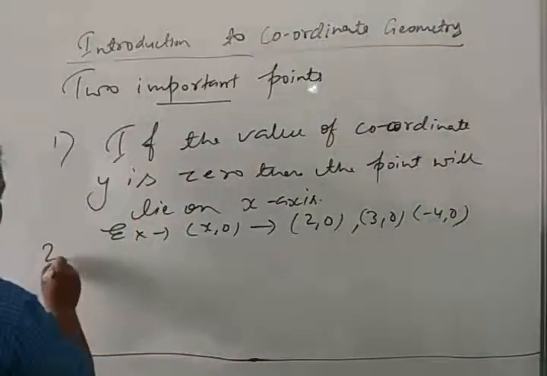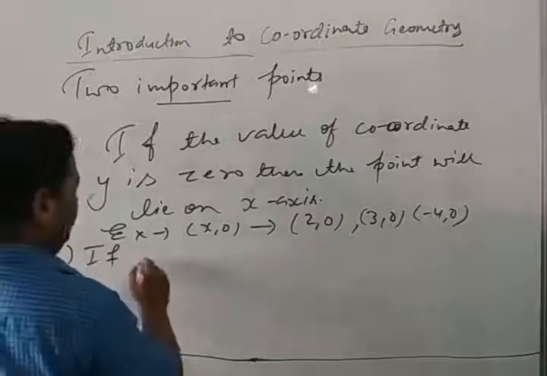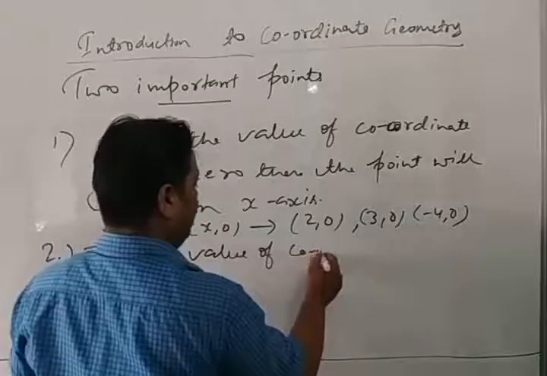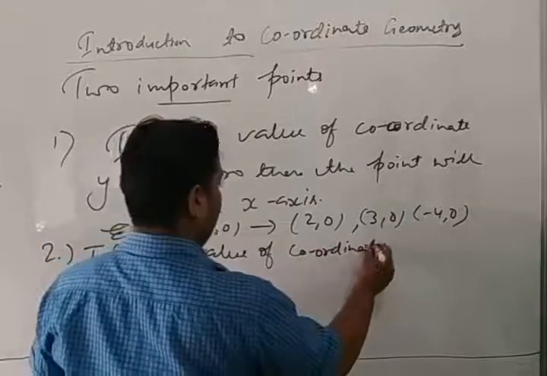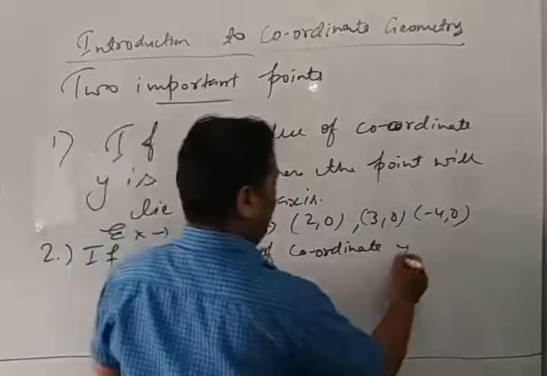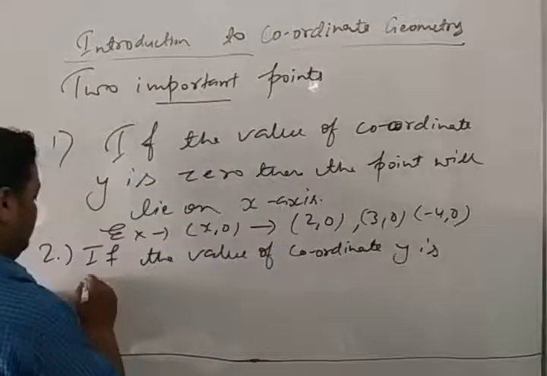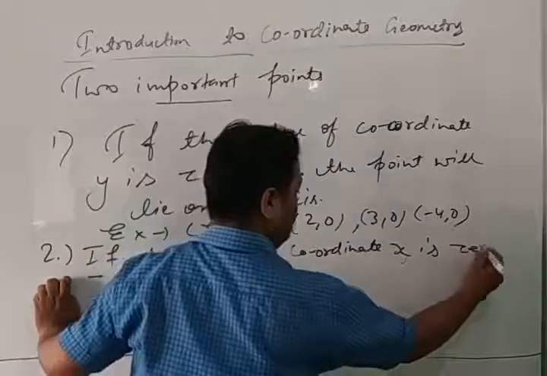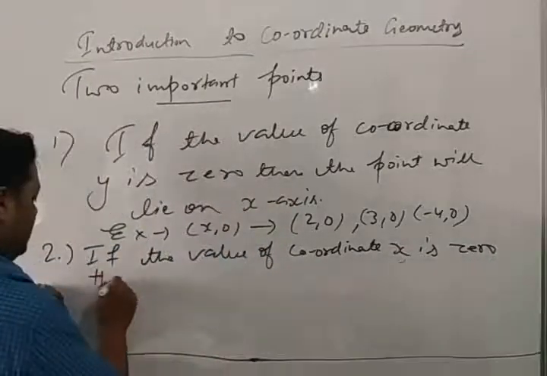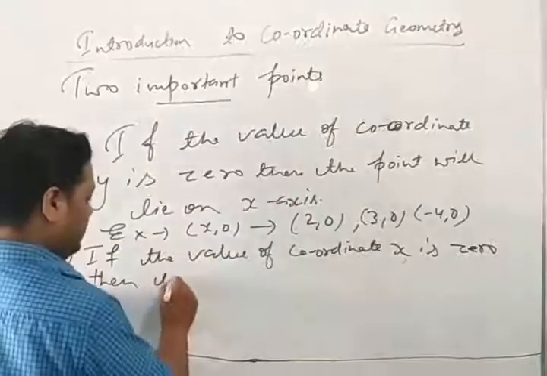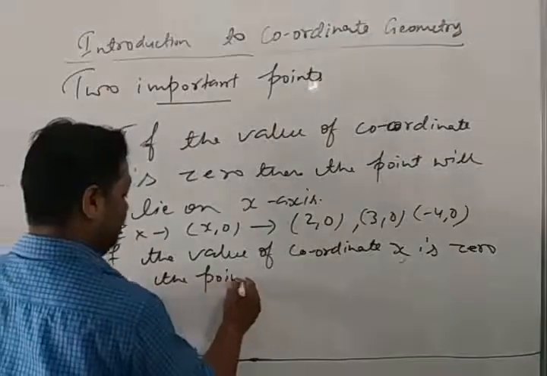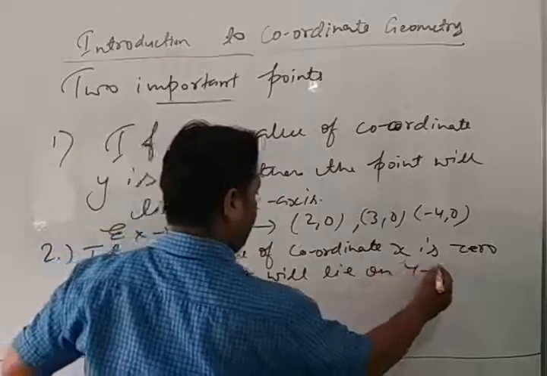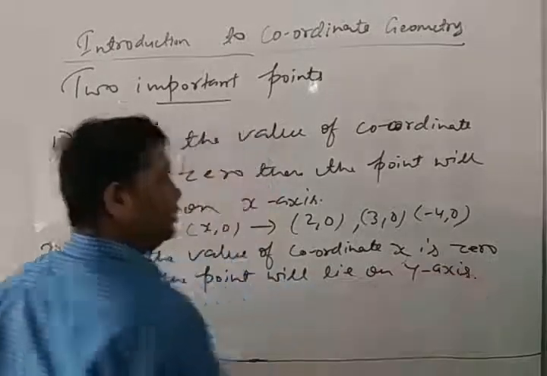Now the second point: if the value of coordinate x is 0, then the point will lie on the y-axis.